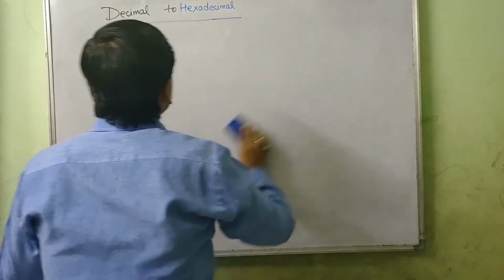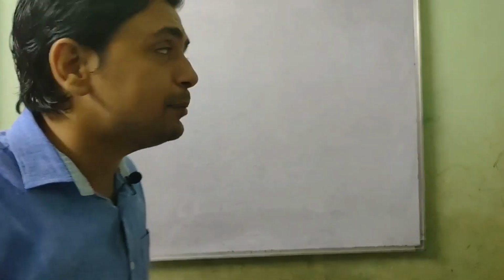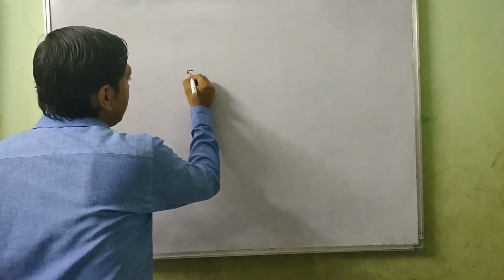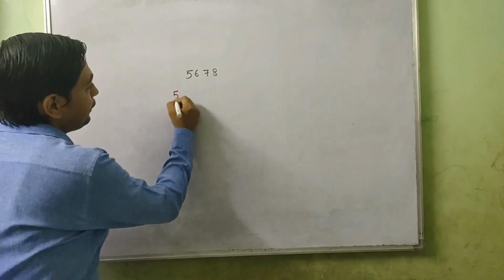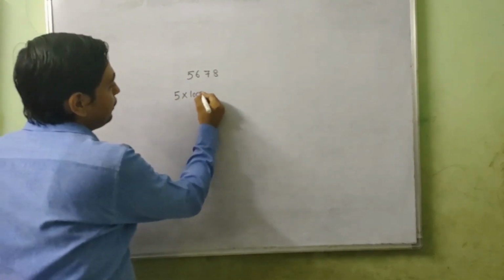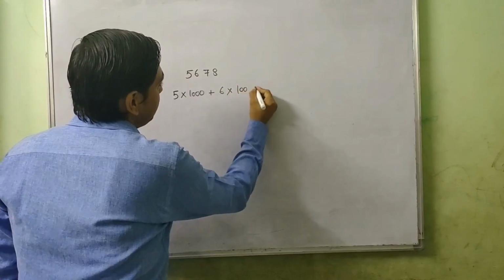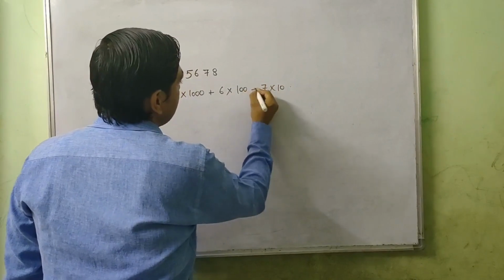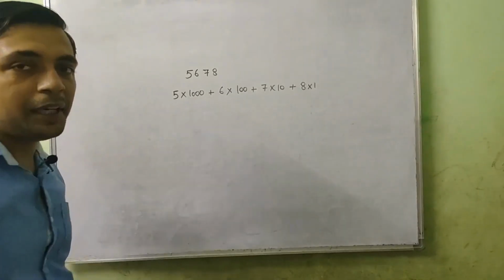Now before I tell you, do you know how to represent any number in decimal, or what the expanded form of any number is? For example, a number is given, 5678. You generally write it as 5 into 1000 plus 6 into 100 plus 7 into 10 plus 8 into 1, right?